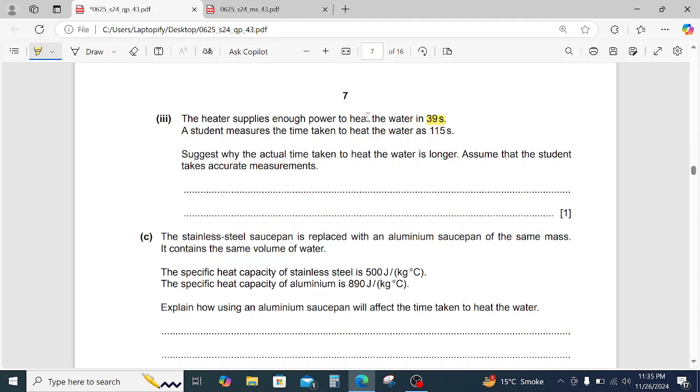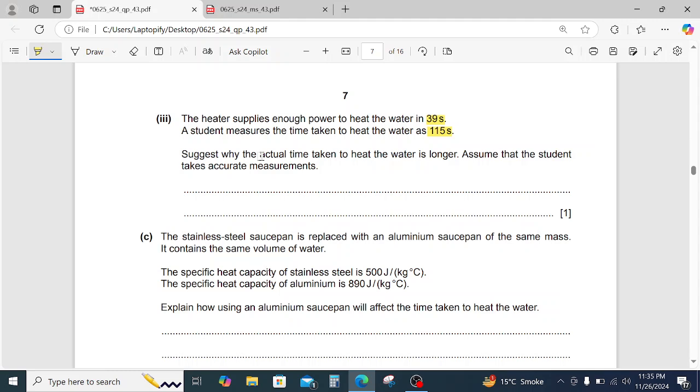Practically we obtain 115 seconds to heat up the water, but if we apply the formula, our calculation says we need only 39 seconds.